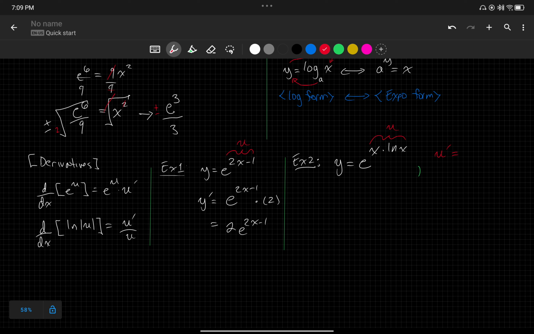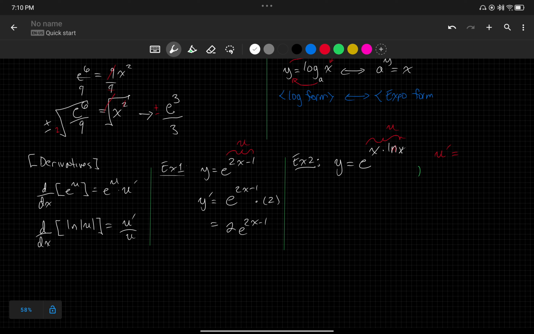It's going to require the product rule because you're multiplying. So how do you do product rule? So let's remember. Well, let me use this other way. It's easier to remember. Okay, so this was ln of x.